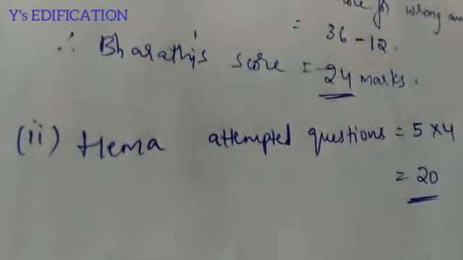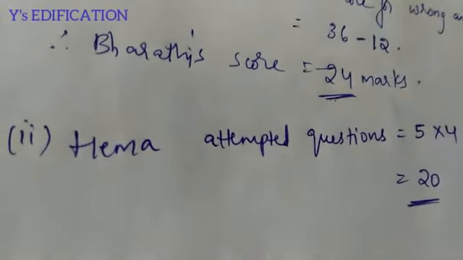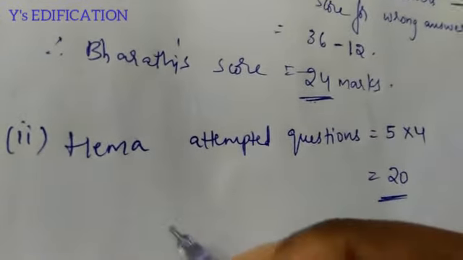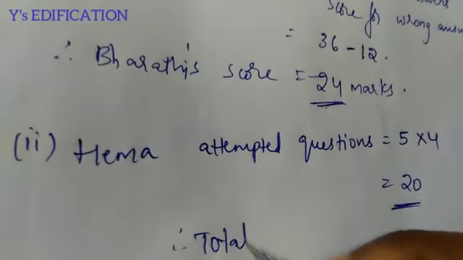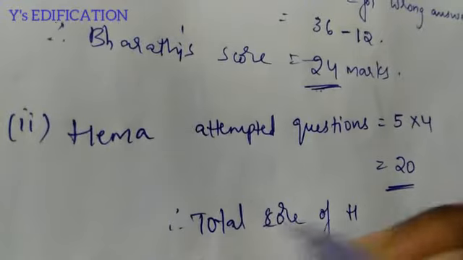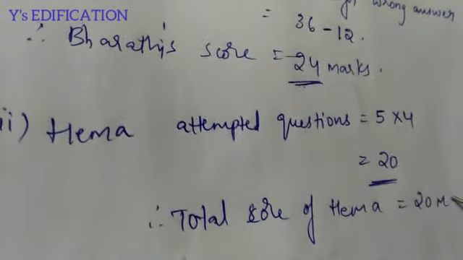All the 5 answers are right answers, so she got 20 marks. There are no wrong answers, so no marks will be deducted from her score. So the total score of Hema is 20 marks.